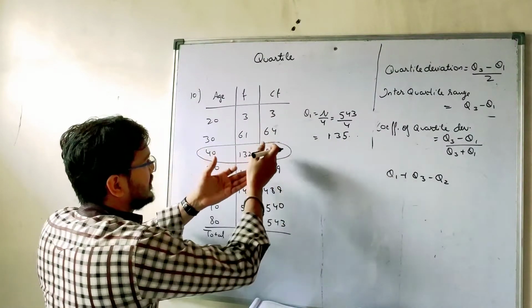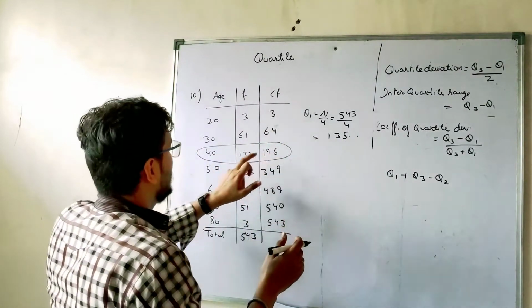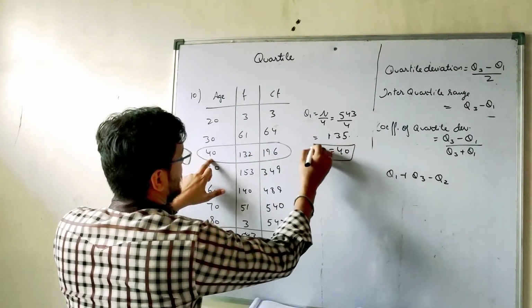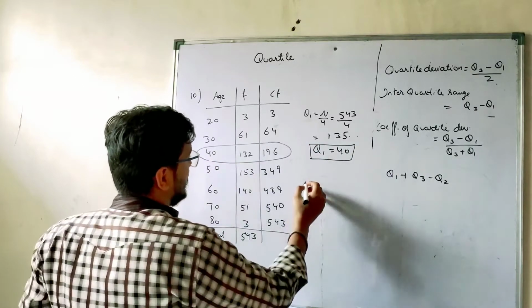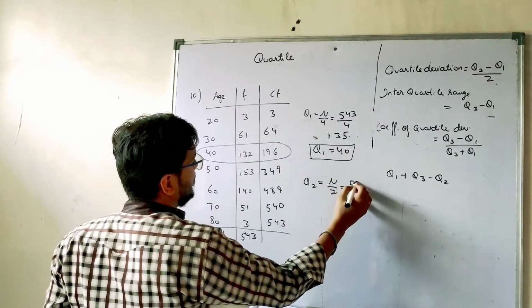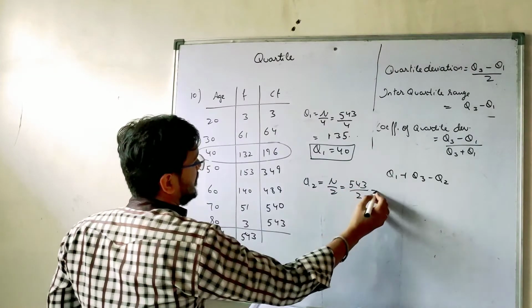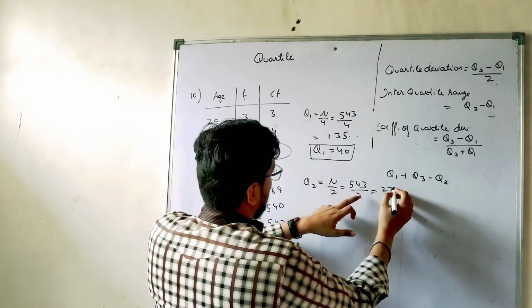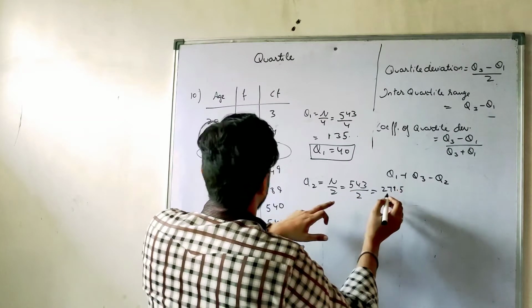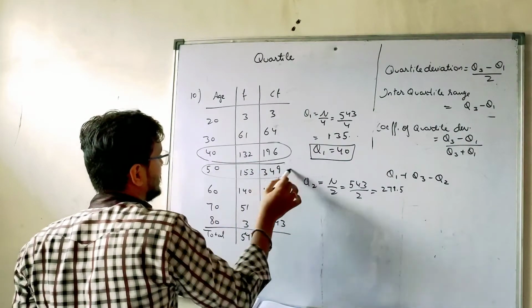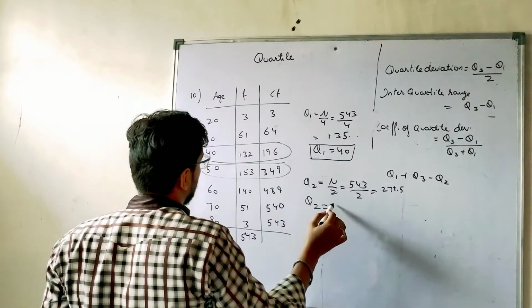So Q1 will be 40 corresponding to it. Similarly, Q2 is n by 2, 543 upon 2, which is 271.5. So 271 will lie in this range. So Q2 is equal to 50.